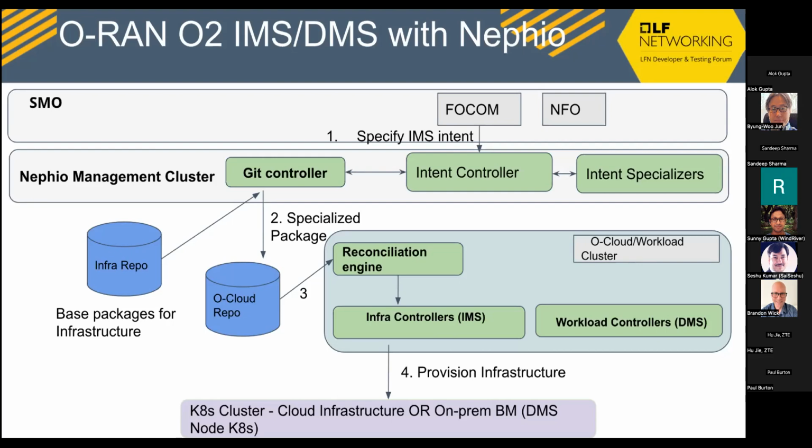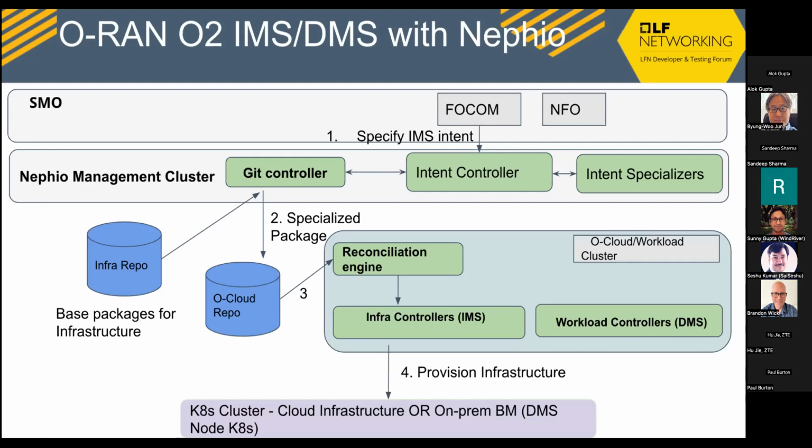I'm part of the ORAN WG6 involvement, and I'm one of the contributors in that work group, which deals with and specifies the O2 architecture and the specifications around the O2. There we follow a two-tier architecture: the SMO has the interface with the IMS over the O2 IMS interface.